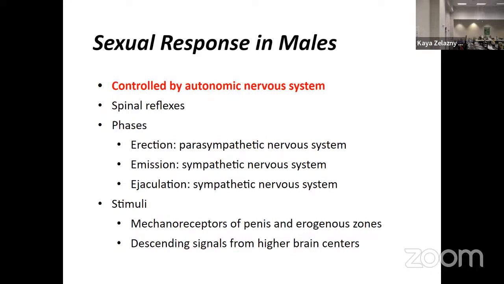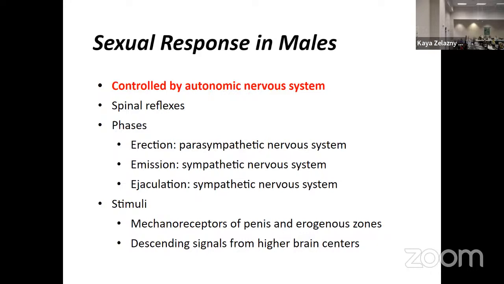Not totally conscious control, right? It's automatic. Okay. So there are going to be a number of spinal reflexes involved here in the sexual response, and these are spinal reflexes involving the autonomic nervous system, so parasympathetics and sympathetics.